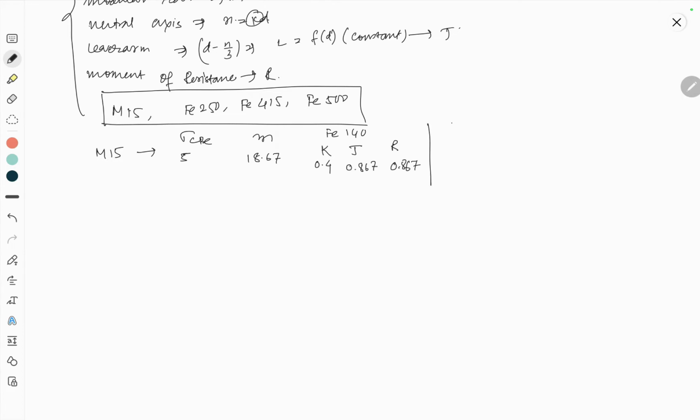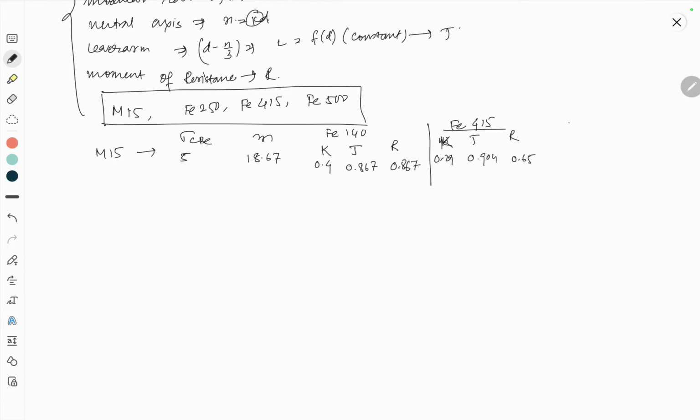Suppose the grade of steel is Fe 415, then k should be 0.29, j should be 0.904, R should be 0.65.